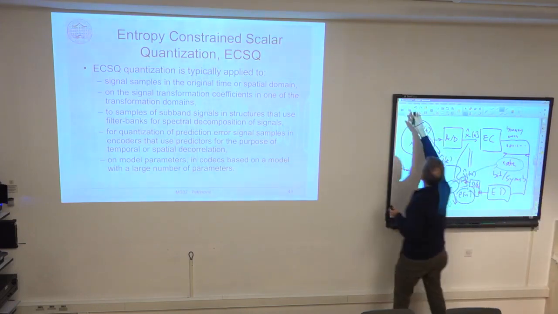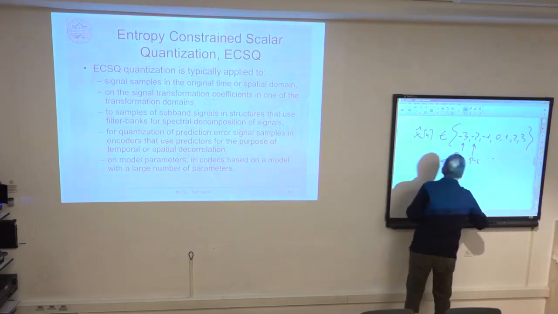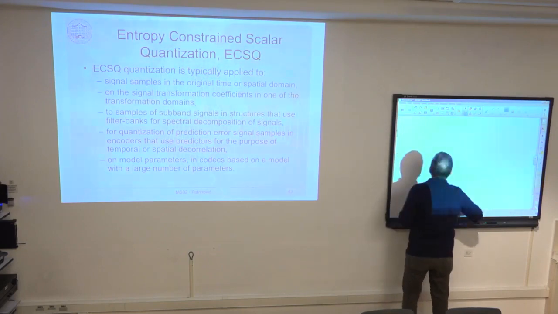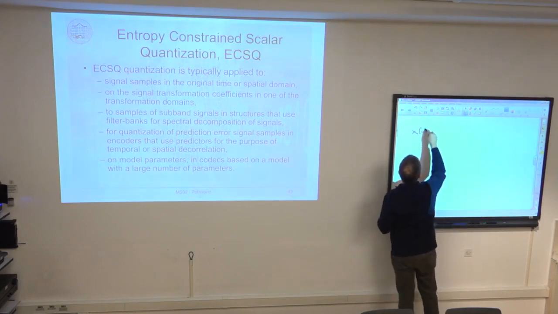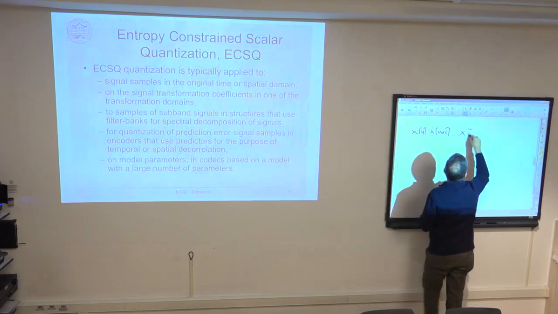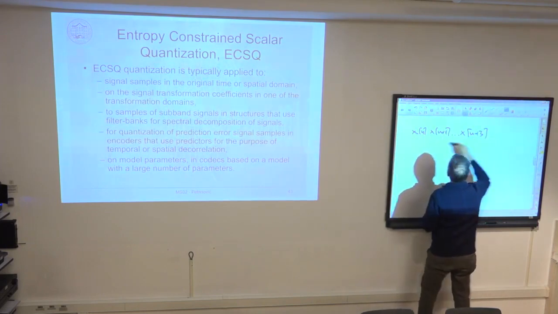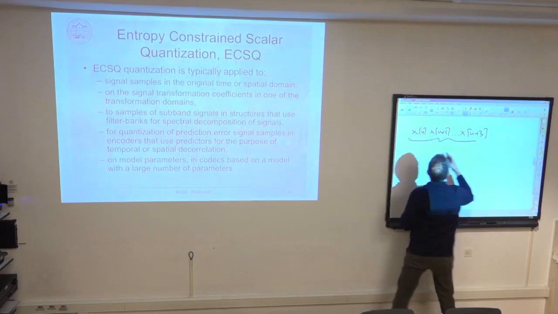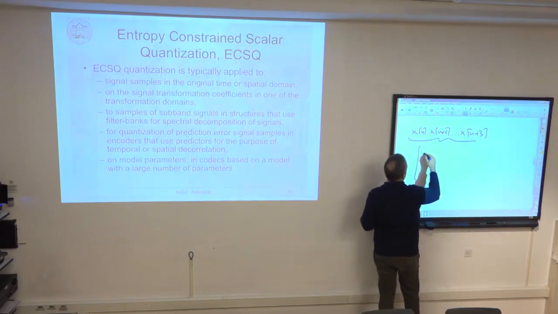So in your case, you would have a sequence of values x_n, x_(n+1), and so on, up to x_(n+3). And this will be treated as a vector. So I will simply construct a vector by taking these values.